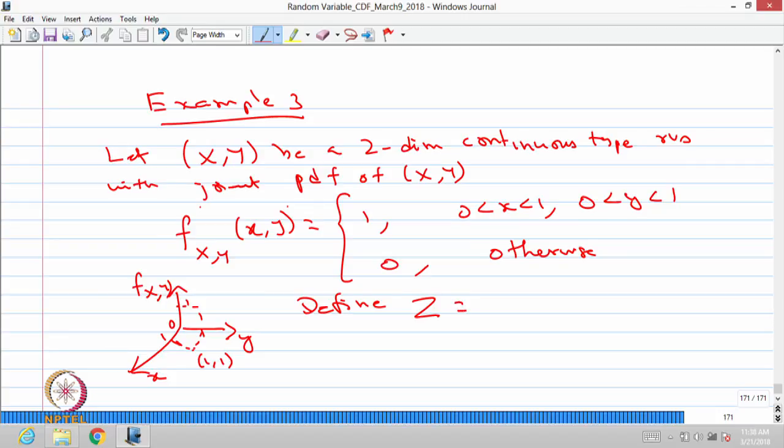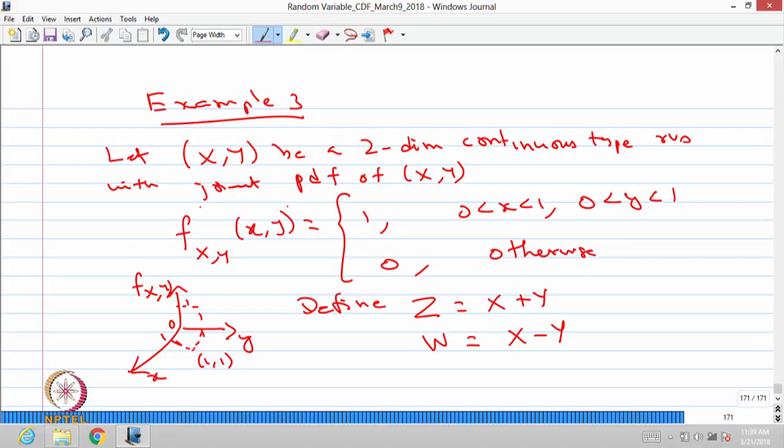Z is x plus y, that is a function h1 of x comma y. The second function, capital H2 of x comma y, is x minus y.